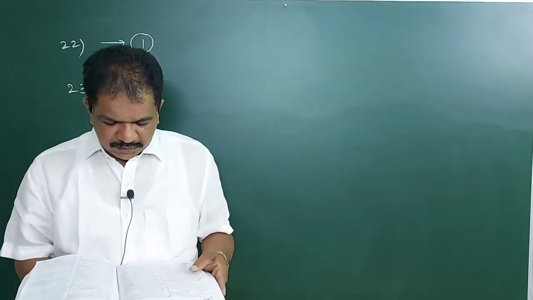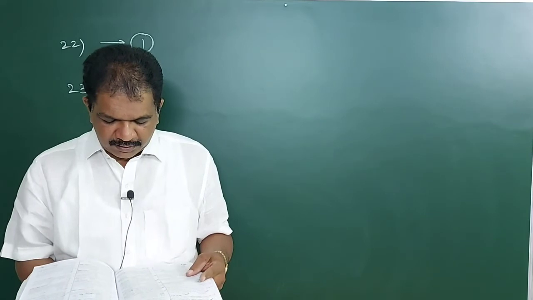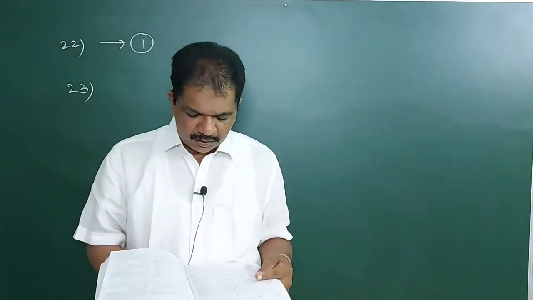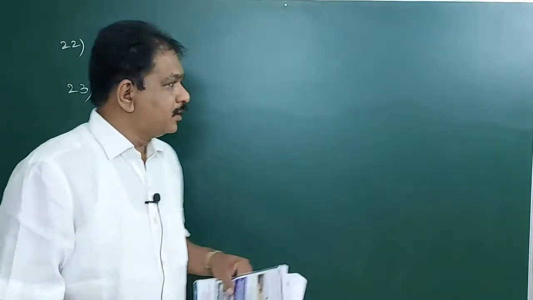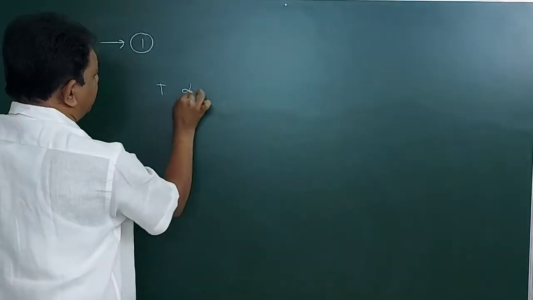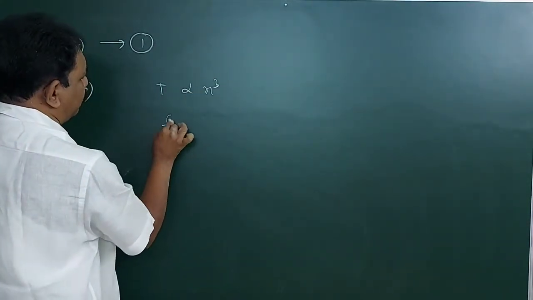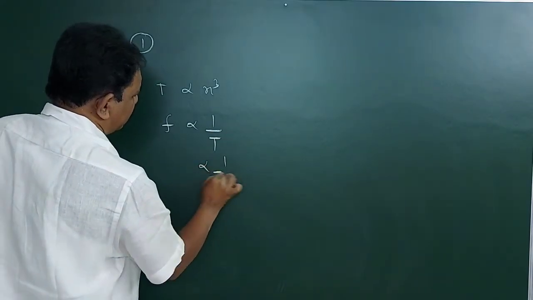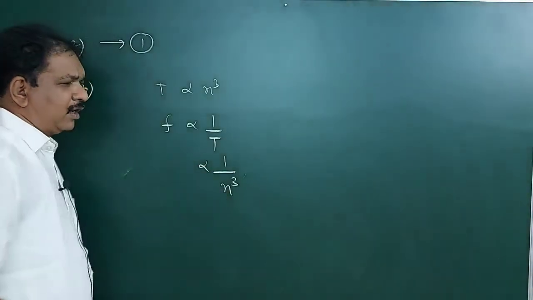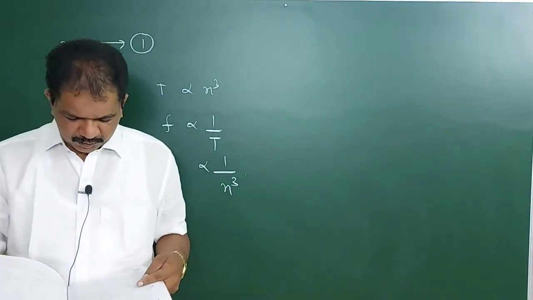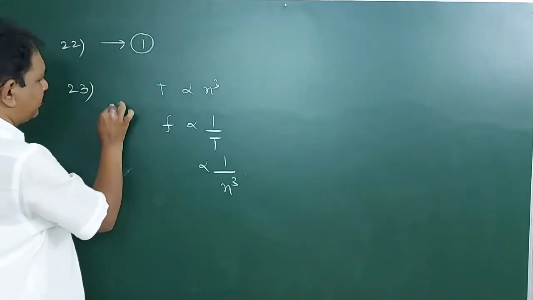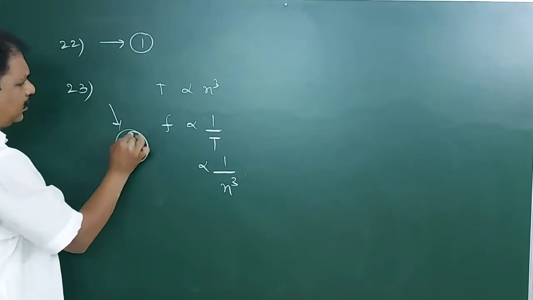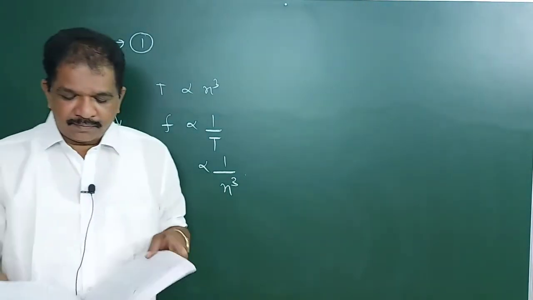Frequency of revolution of an electron revolving in the nth orbit of hydrogen atom is proportional to. T proportional to n cube, F proportional to 1 by T, so proportional to 1 by n cube. So 23rd, it will be fourth option.